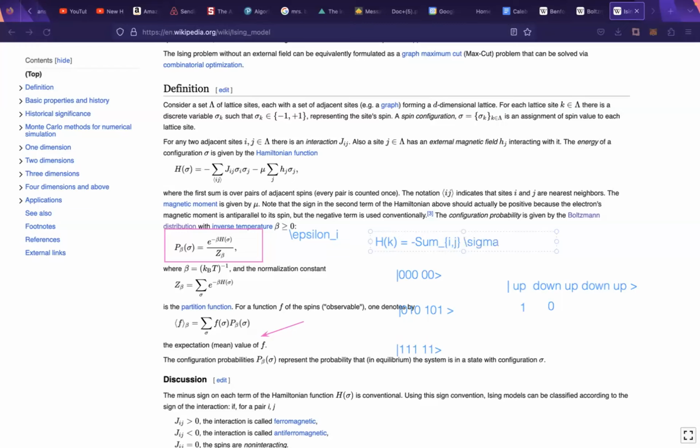And then you have sigma i and sigma j. In this formula, the sigmas are taken from +1, -1, if you read up above slightly. In your ket labels, they are going to be 0 and 1. So there are tricks to convert from 0, 1 random variables to -1, +1 variables.